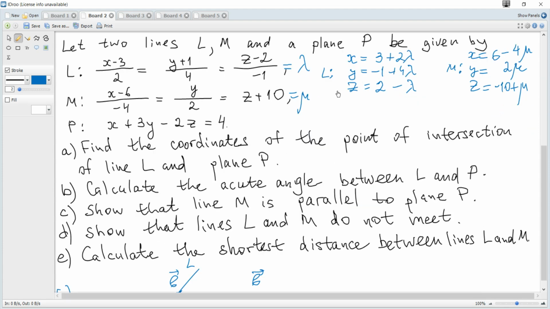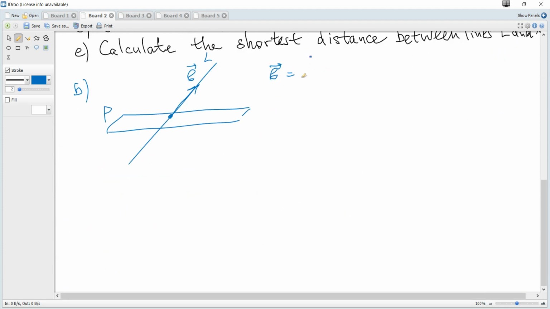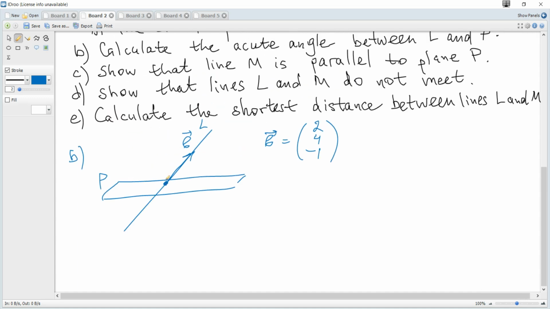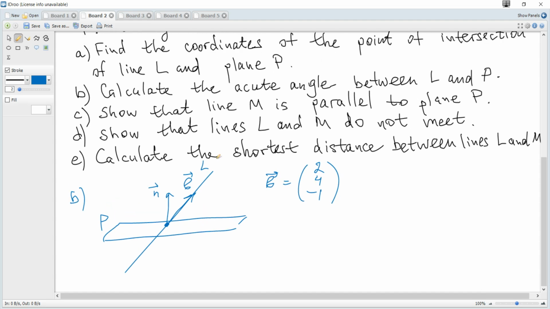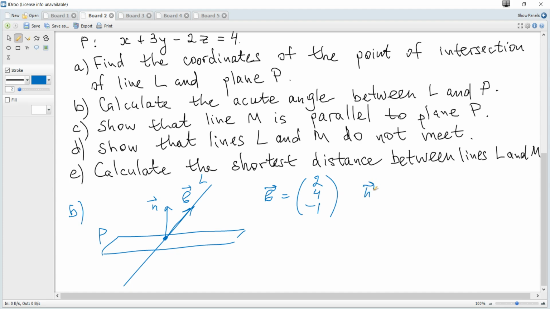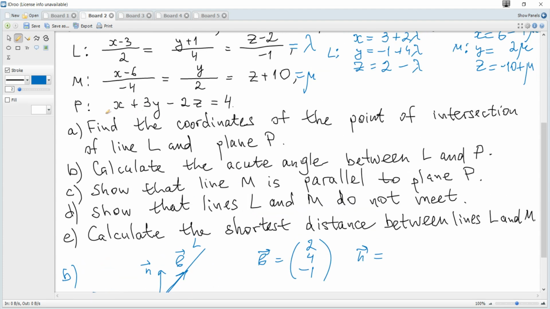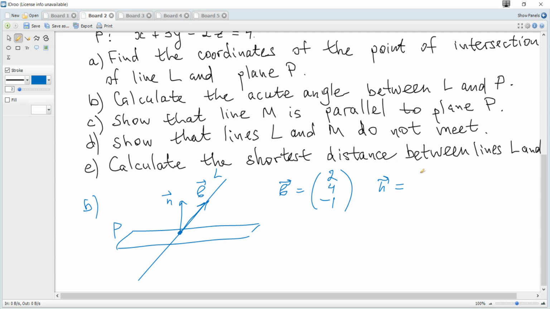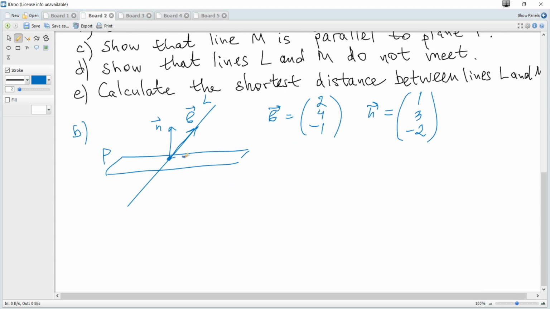The plane has a normal, and the normal is just these coefficients 1, 3, -2, and we need this angle alpha.